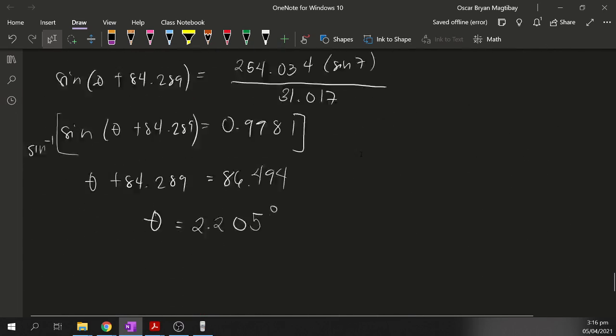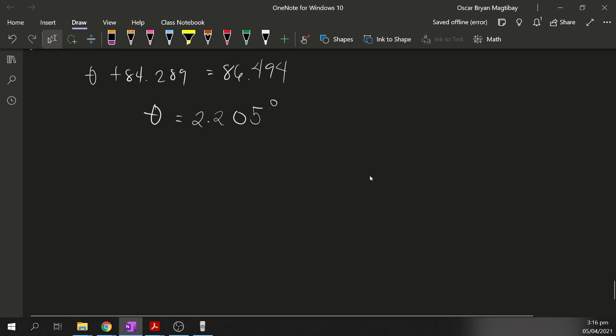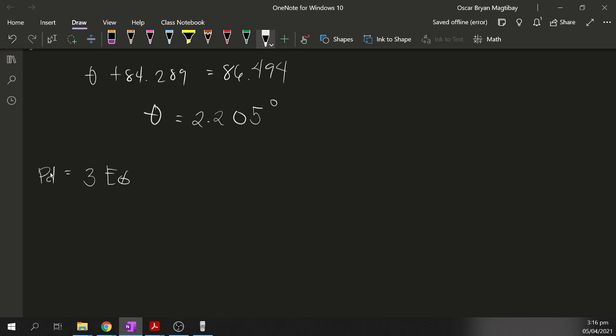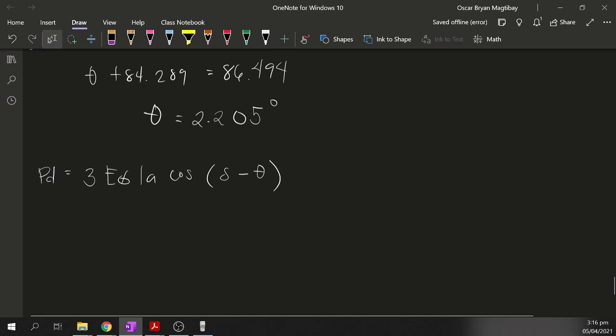So, PD is equal to 3 E phase IA cosine sigma minus theta. So, ito yung kukuhanin natin.